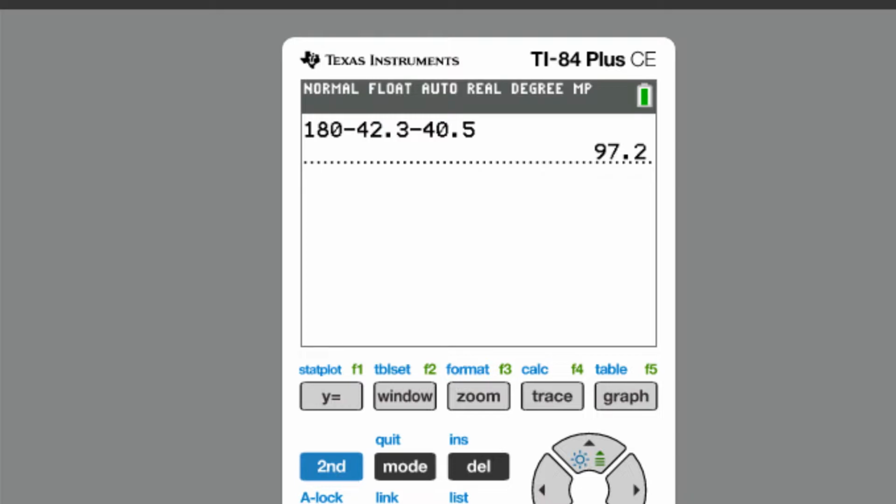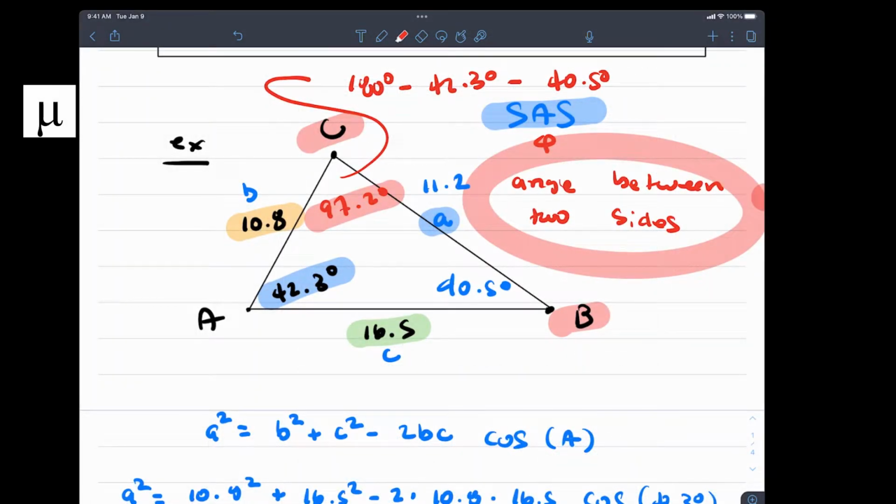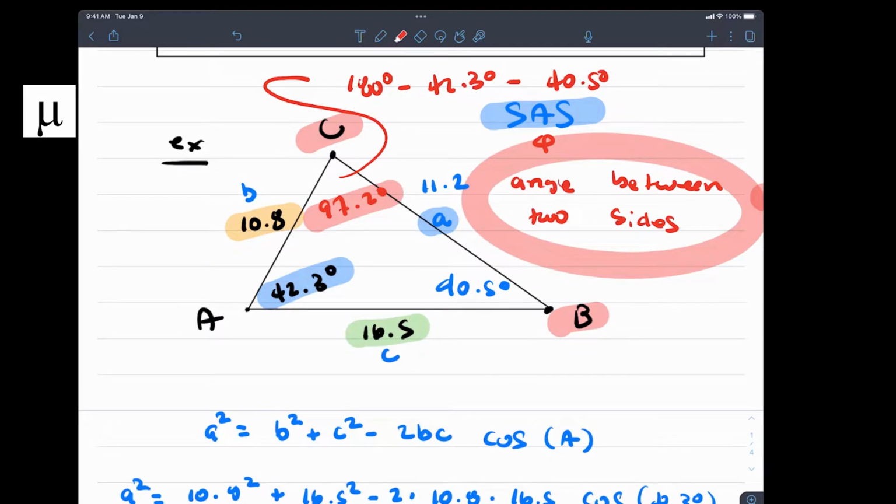There it is. So this is how you solve a what? This is how you solve, what do you solve? A triangle.